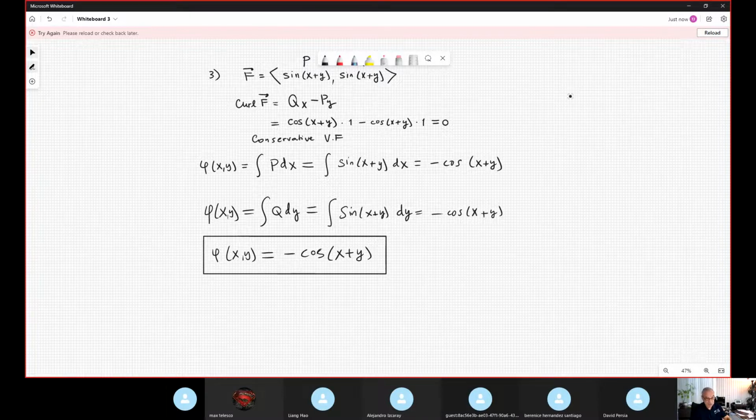The anti-gradient is the antiderivative component by component. Suppose we have three components, P, Q, R. You compute the antiderivative of P with respect to x, Q with respect to y, and R with respect to z. And finally, we collect every answer.